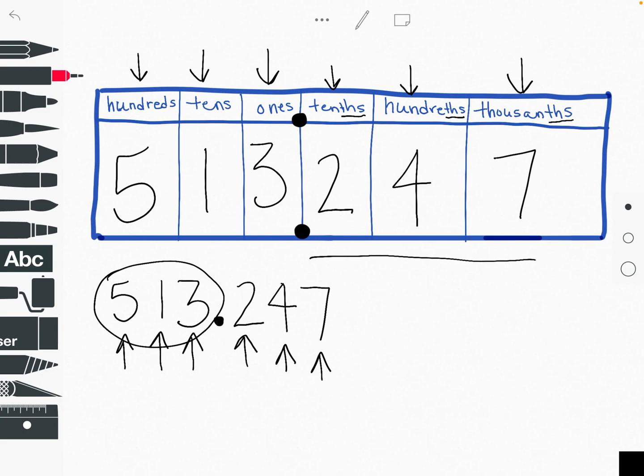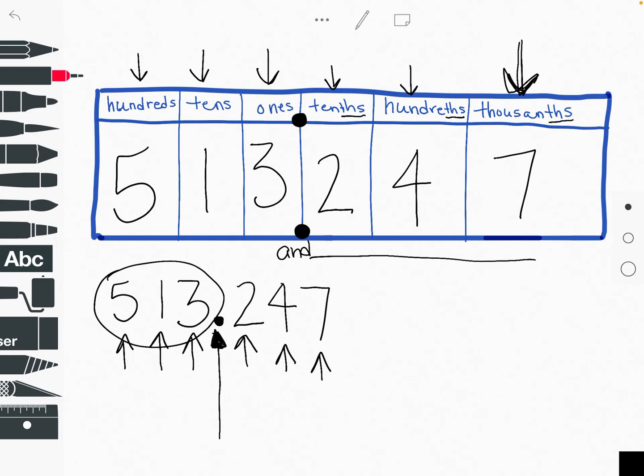Now, the decimal point, a lot of people want to say point, 513.247. And that's not technically incorrect, but the way we're going to say it is 513 and, so we're going to say and when we see the decimal point, 247 thousandths.